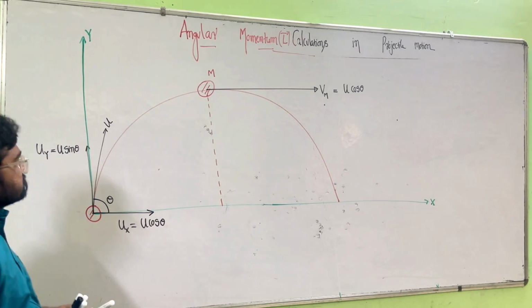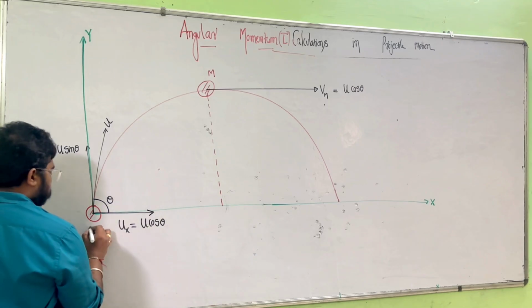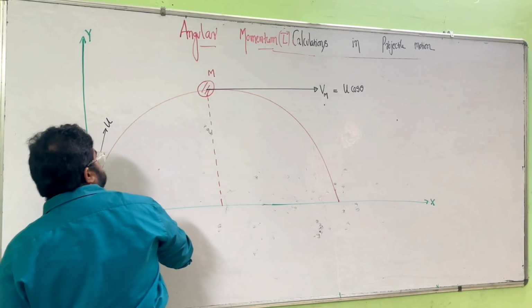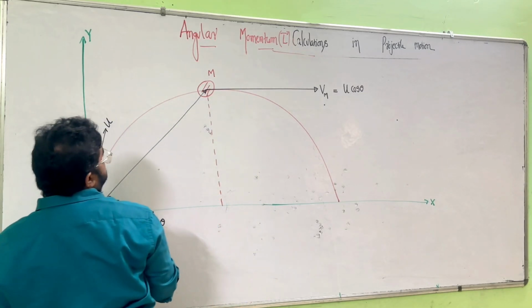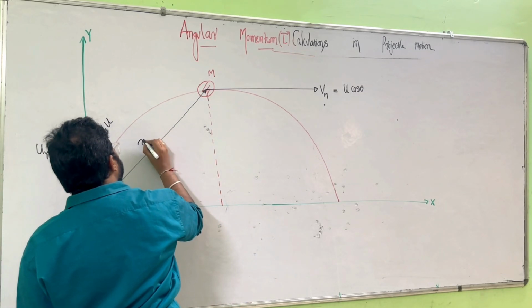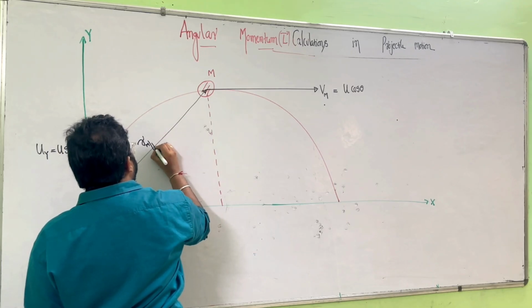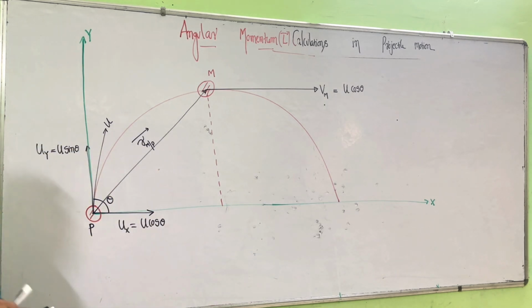Clear? What is the position of the particle with respect to the point of projection? This is the position of the particle m with respect to the point of projection.